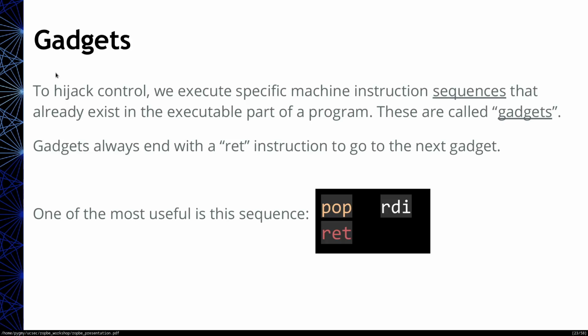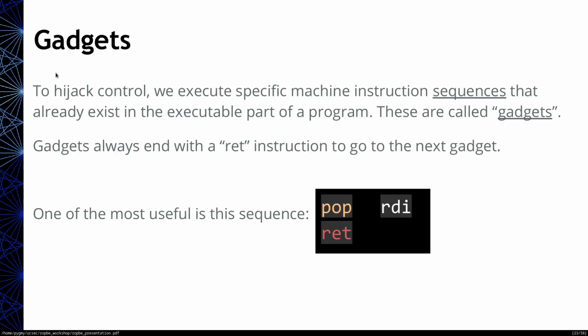So gadgets. To hijack control flow, we want to execute specific machine instruction sequences that already exist in the executable part of the program. These are called gadgets. Gadgets will always end with a return instruction so you can chain it and go to another gadget.